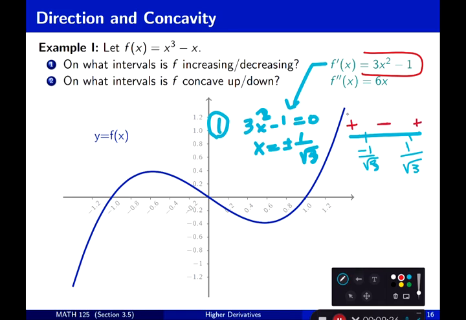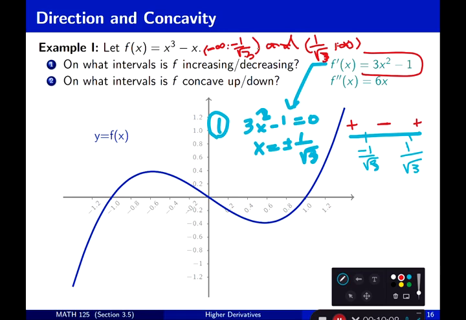So the function is increasing from negative infinity to negative 1 over square root of 3, and from 1 over square root of 3 to infinity.